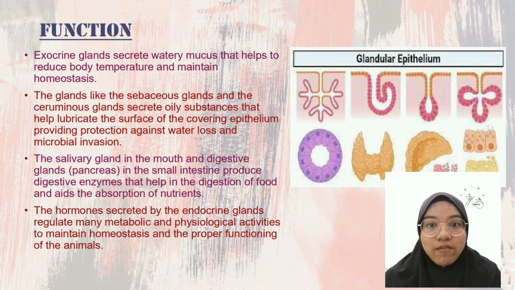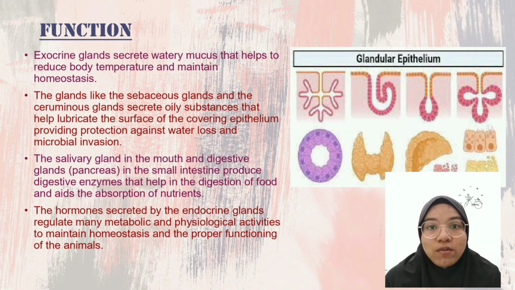Third, the salivary glands in the mouth and digestive glands in the small intestine produce digestive enzymes that help in the digestion of food and aid the absorption of nutrients.